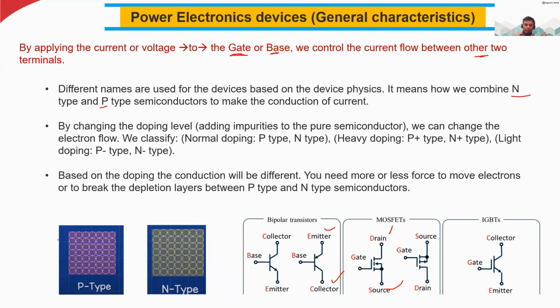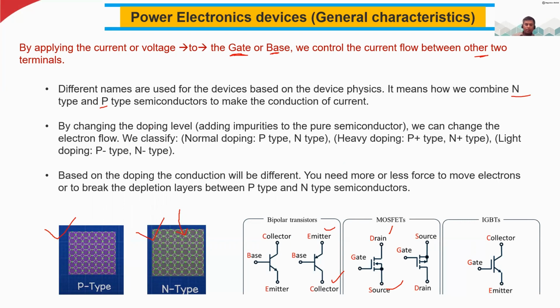You have studied P type semiconductor and N type semiconductor in your electronics course. In P type semiconductor, we are adding P type impurities, and in N type we are adding N type impurities. By adding impurities into the pure semiconductor, the process is called doping.